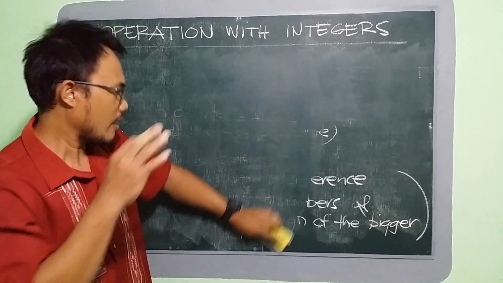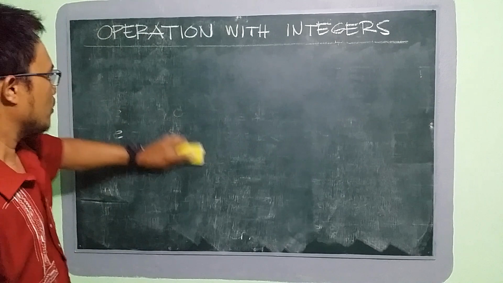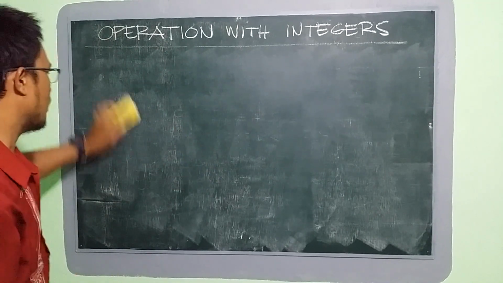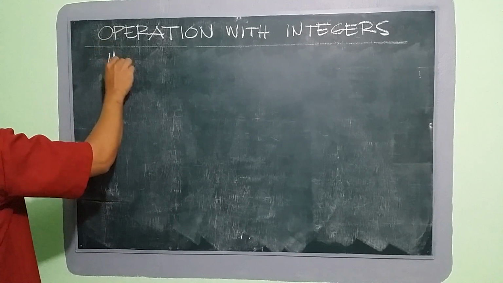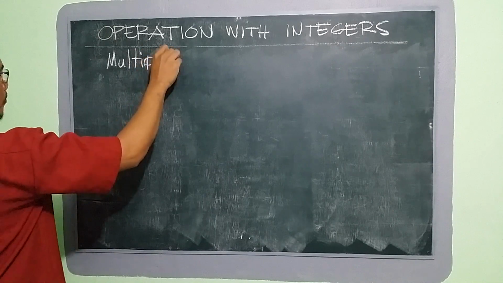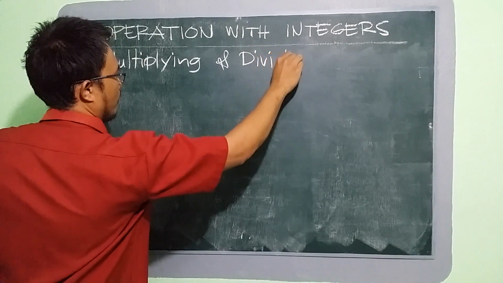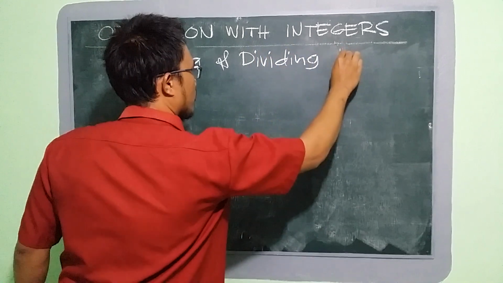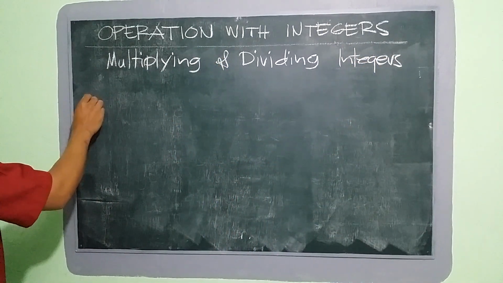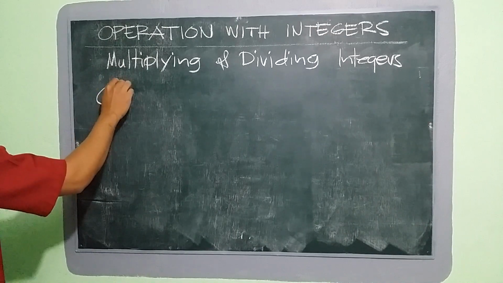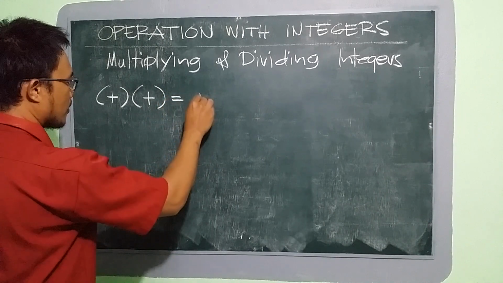In multiplying and dividing integers, the rules are very simple. The rules are, if we have positive multiplied by positive, the answer is positive.